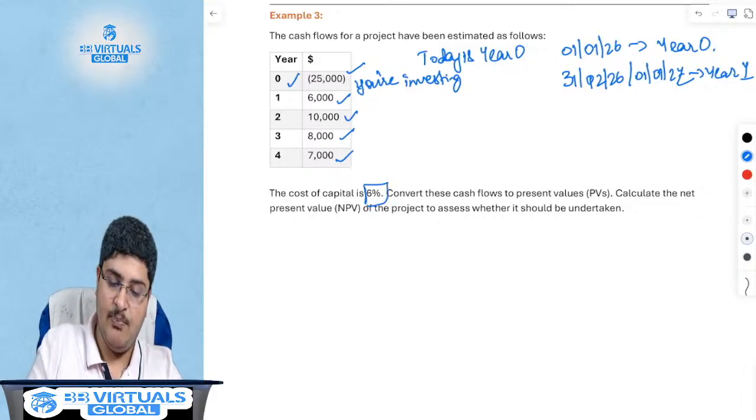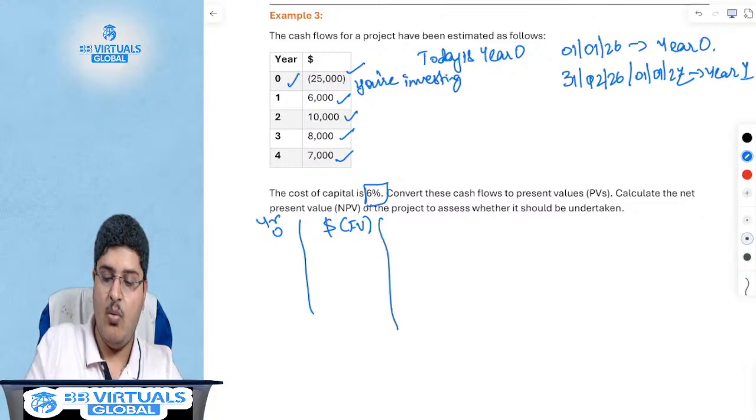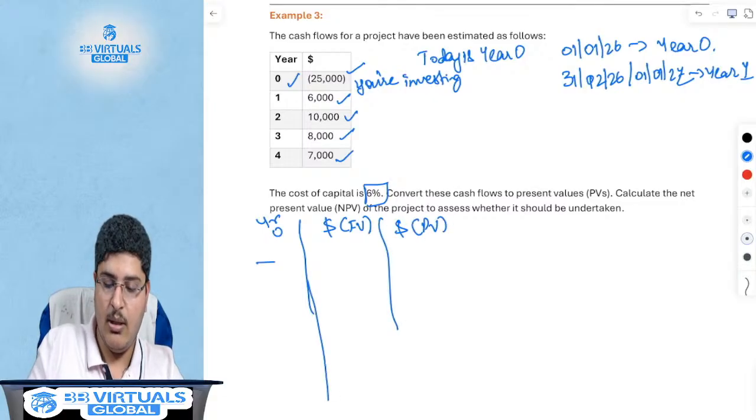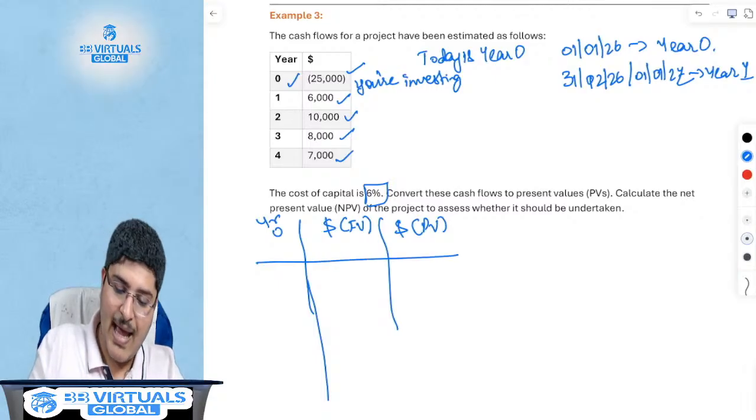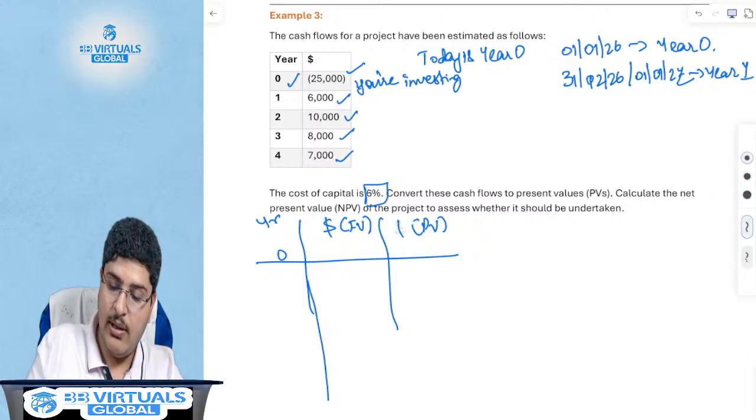Let us solve this. So year 0, what is the amount? What is the amount or the future value? What is the amount in present value? So at year 0, your amount is, or actually we should put over your discounting rate.